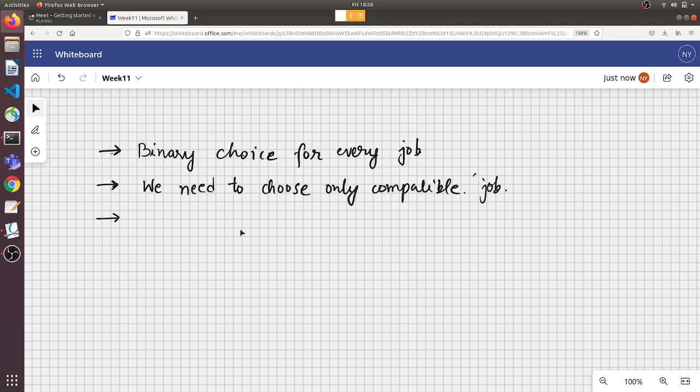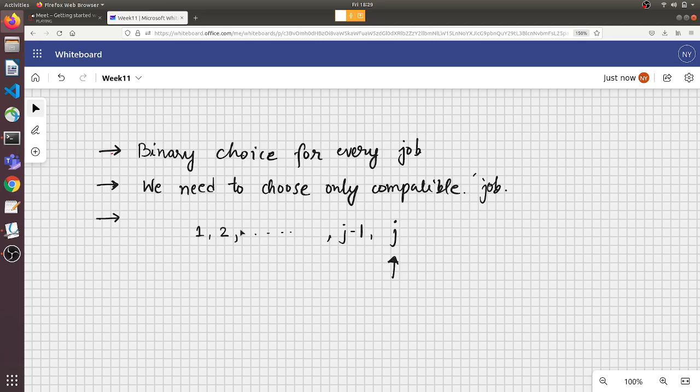Right. So let us consider that you have jobs 1, 2, up to j minus 1, j. Now when you are at job j, you have two options, either to include it or not include it.